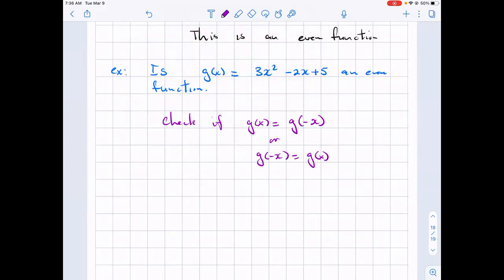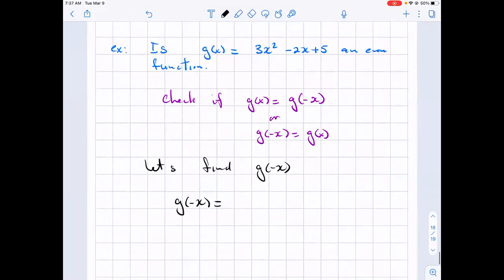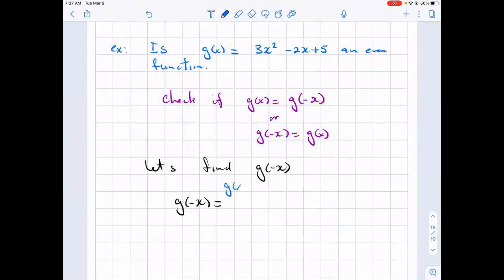So let's find g of minus x. Remember g of x is given as 3x squared minus 2x plus 5.